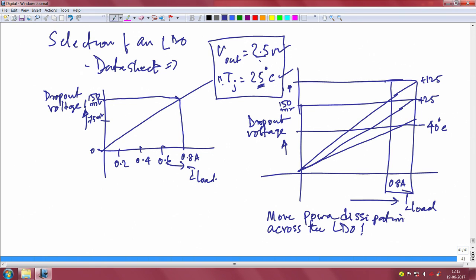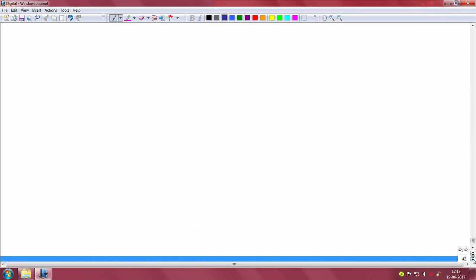This is clearly an important parameter which you must consider moving forward on design, on the choice of the LDO. Now, there is one parameter which will keep coming back to you each time on the LDO, and that is with respect to the loop gain. Okay. So, why is this important?